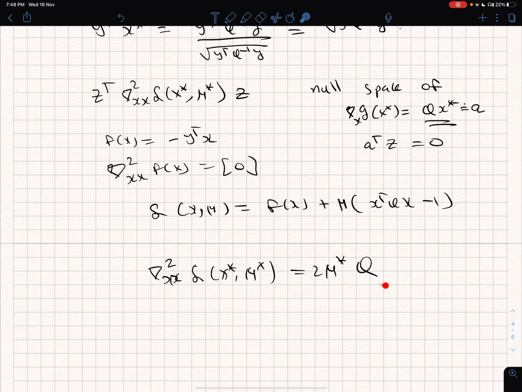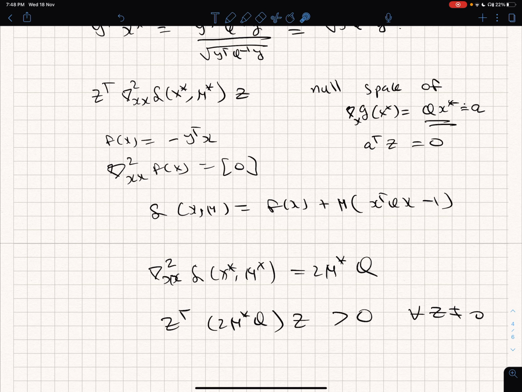Since this matrix is positive definite, everywhere, including these z vectors which are in the null space of the A vector, this is going to be z transpose 2 mu star q z, which is greater than 0 for all z not equal to 0. Because mu star being positive, this complete matrix is positive definite, and it doesn't matter whichever null space it comes from, this is always greater than 0 for z not equal to 0.